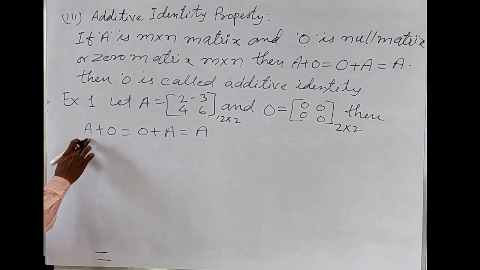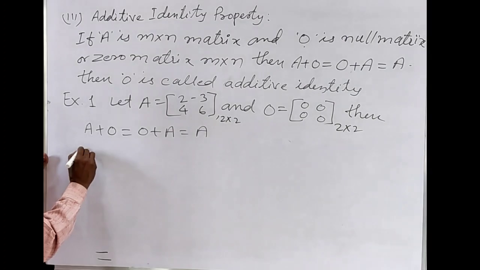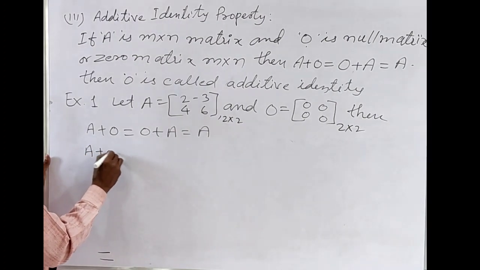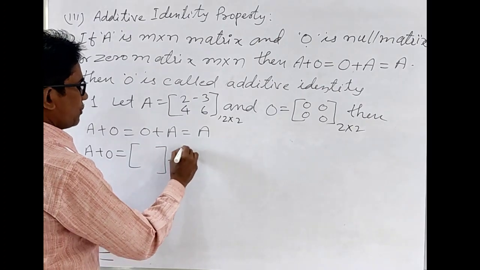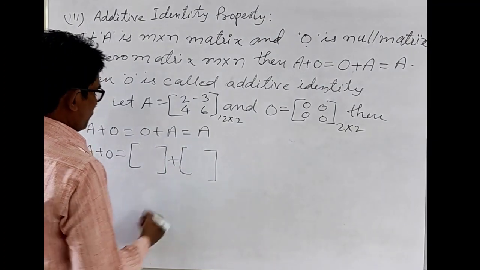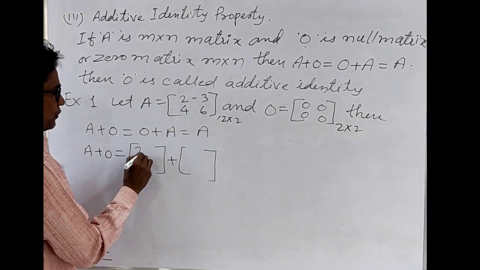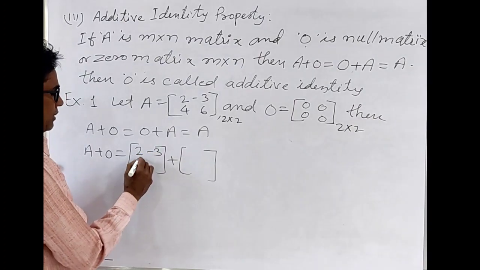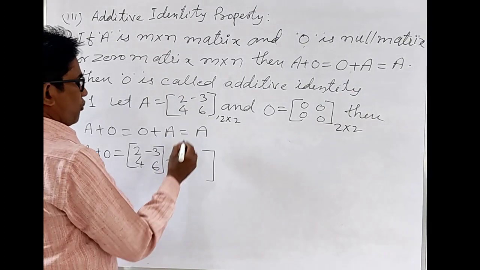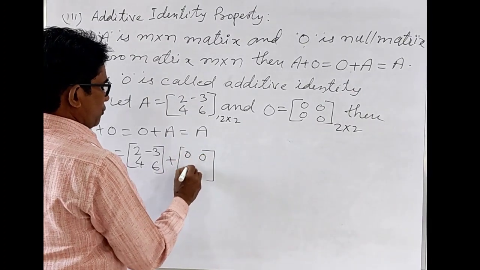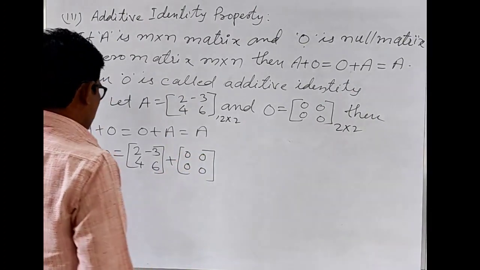Now let us do A plus O. So what is A plus O? A plus O is nothing but A matrix plus O matrix. What is A matrix? 2 minus 3 4 6 and O matrix 0 0 0 0, which is null matrix.